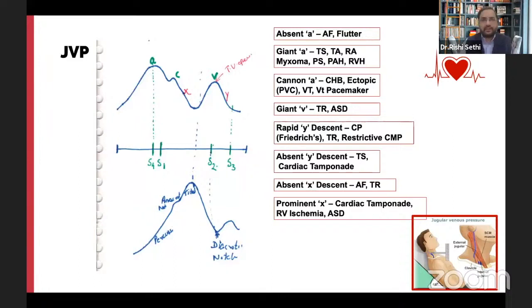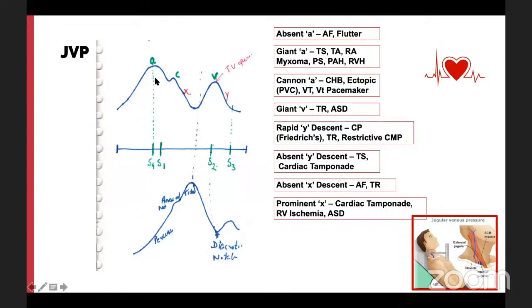So at least these three lines should be told about JVP. JVP is normal in height and waveform, and there is a normal respiratory variation of JVP would describe a normal JVP finding. All the prominence and the abnormalities of the JVP can be described on this chart based upon the normal physiology of JVP.